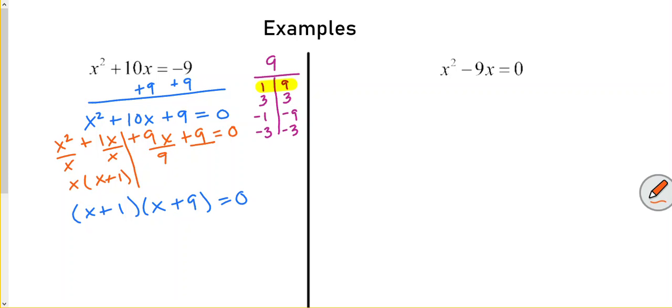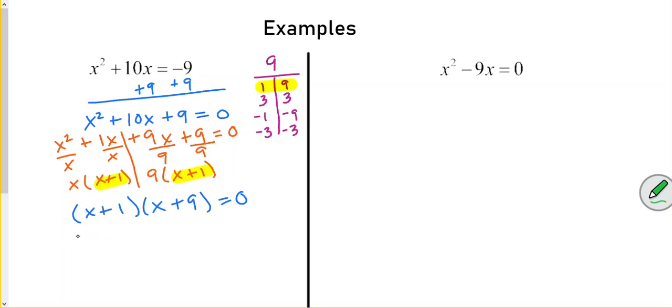GCF of the second two is 9. So 9 on the outside, x plus 1 on the inside. And again, my parentheses match up, so that creates the first factor. Then my GCFs create the second factor. All I have done is factor.